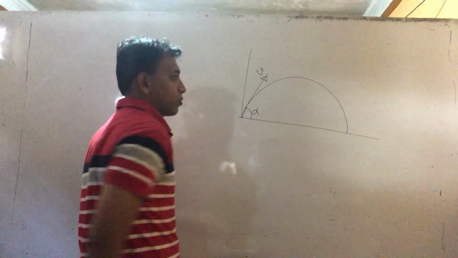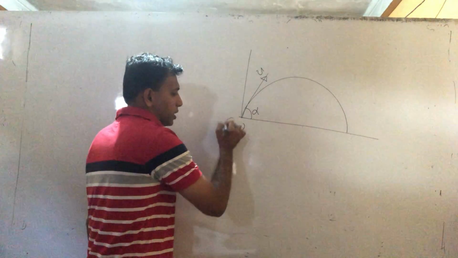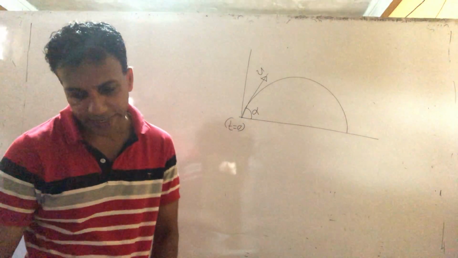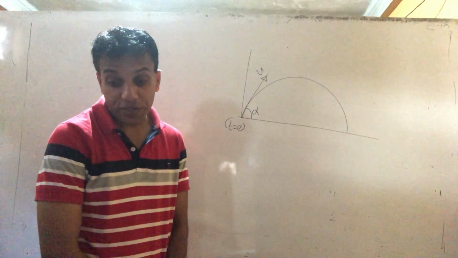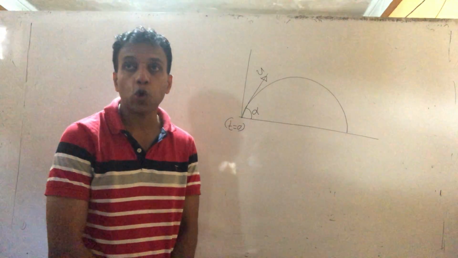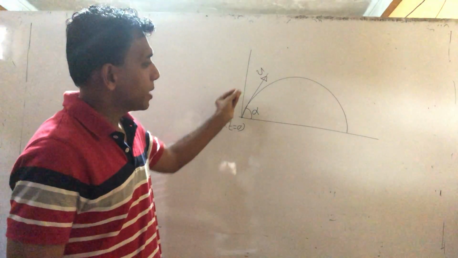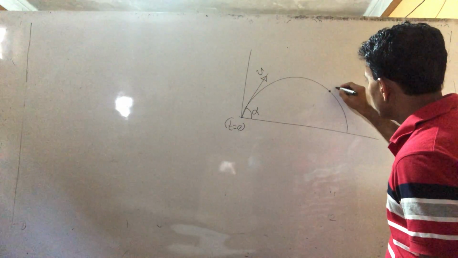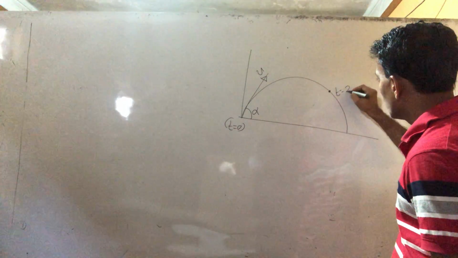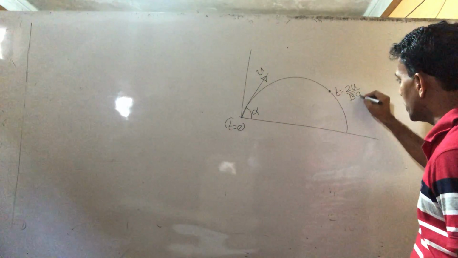We say time is 0 initially, when the particle is projected at angle alpha with the horizontal. After time 2u over root 3g, somewhere here, if I mark it, this time is 2u over square root 3g.